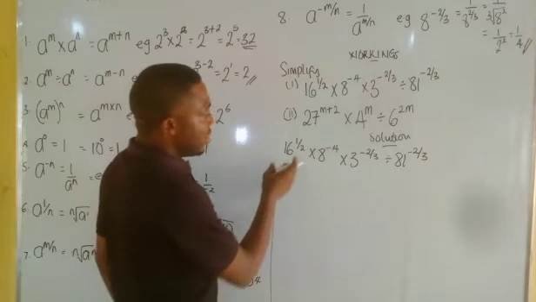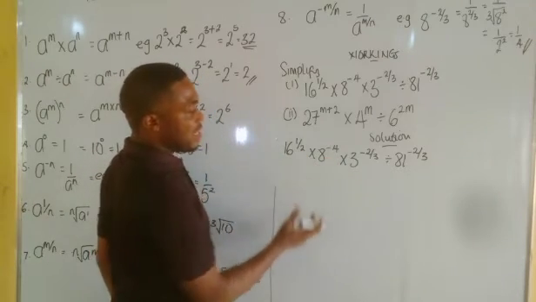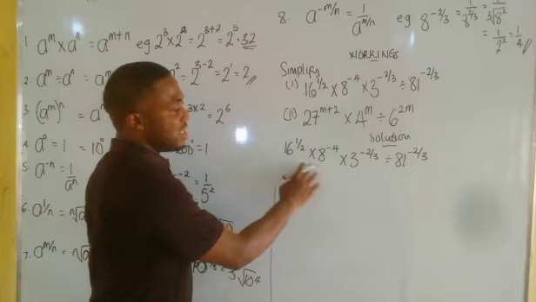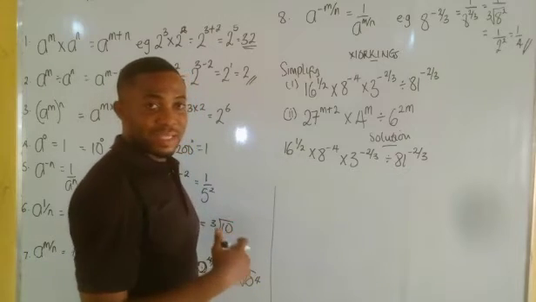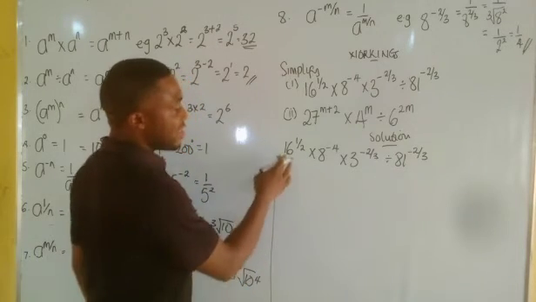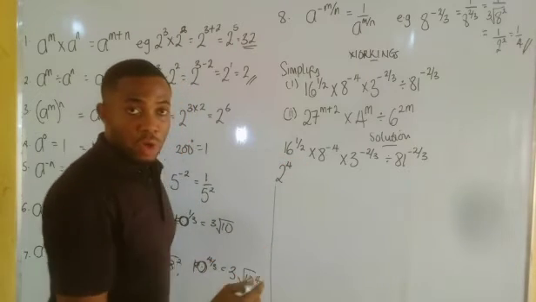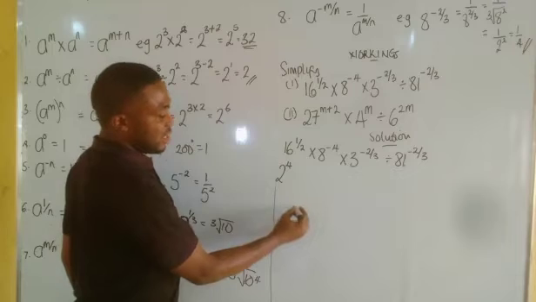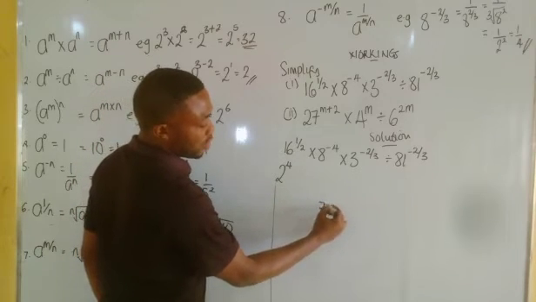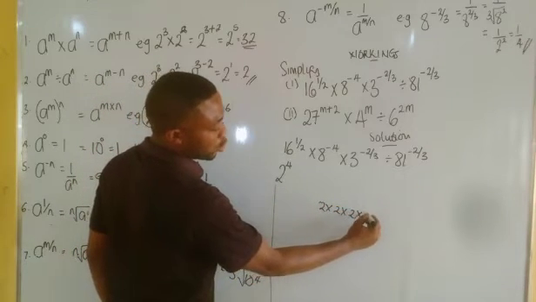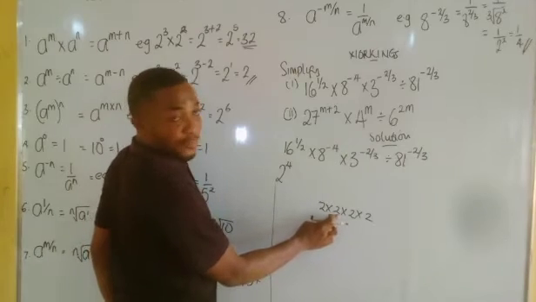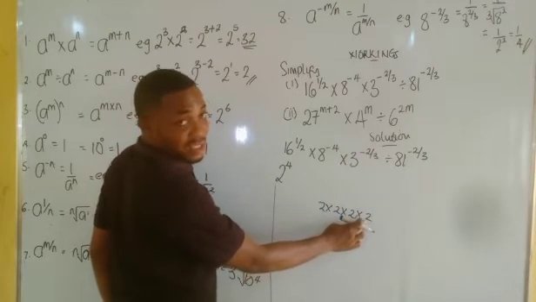Now in this, we have 16 and we have 8 here. Now we can express this as regards the base of 2. 16 can give us 2 raised to the power of 4, because 2 raised to the power 4 is 2 times 2 times 2 times 2. 2 times 2 is 4, 4 times 2 is 8, 8 times 2 is 16.